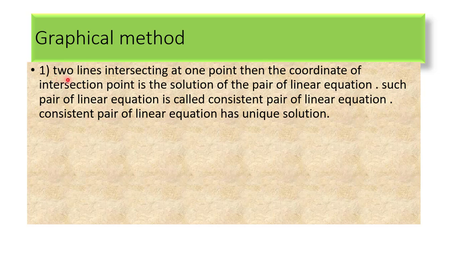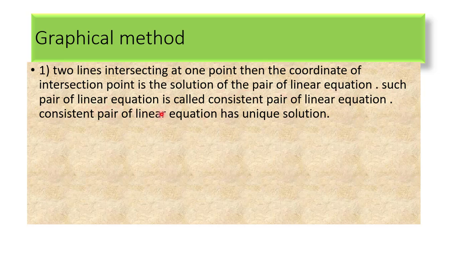Graphical method, first is two lines intersecting at one point. Then the coordinate of intersection point is the solution of a pair of linear equation. This means when two lines intersect at a point, then the intersection point is the solution of pair of linear equation.